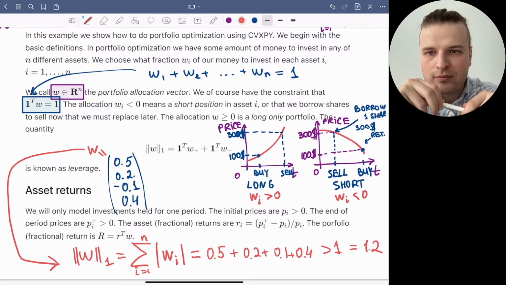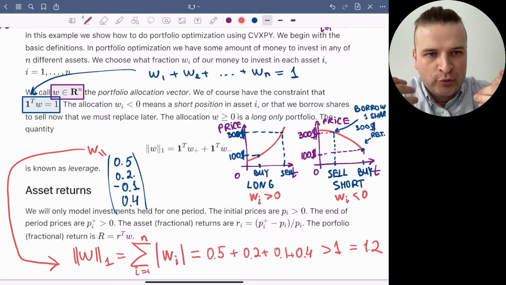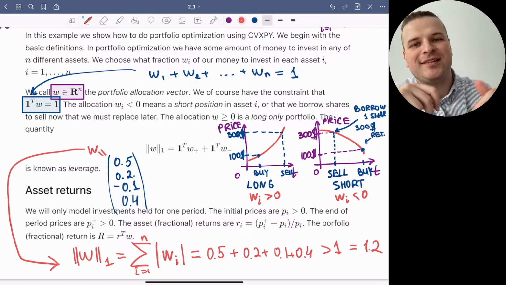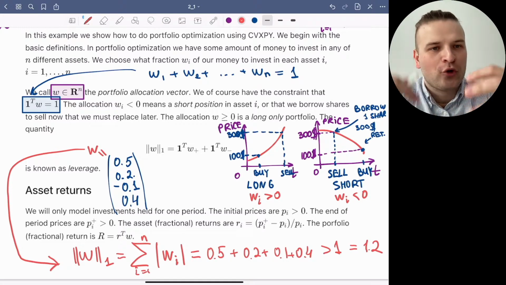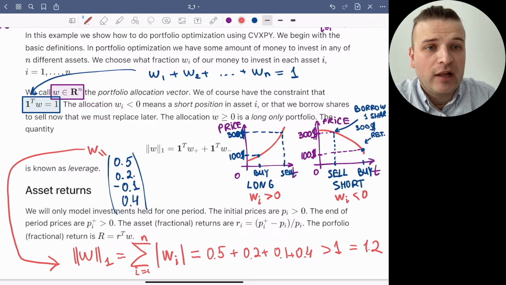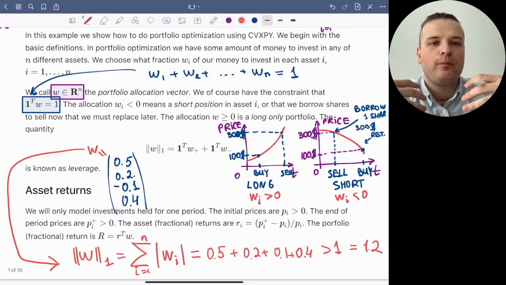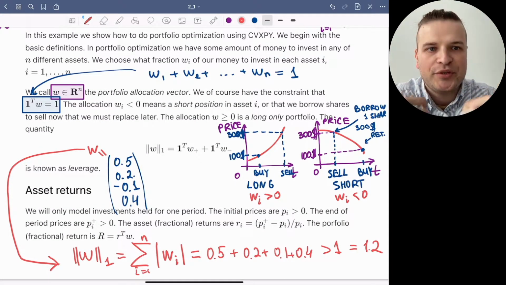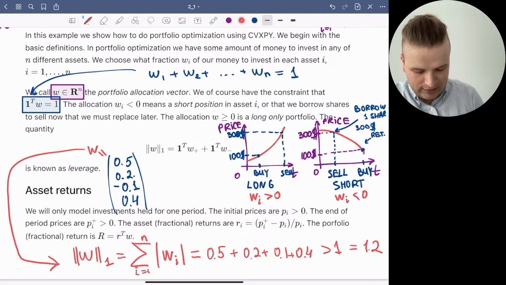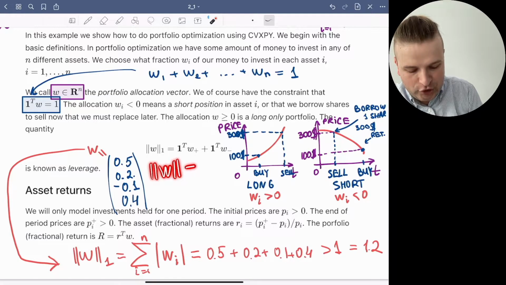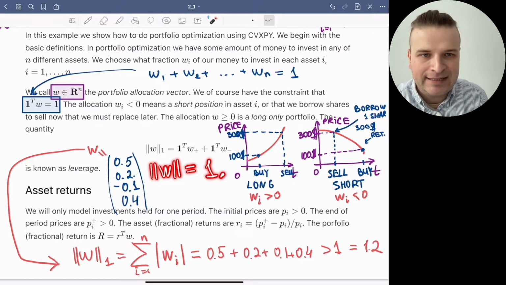And actually, this leverage shows you the amount of money which is borrowed from the broker, because when you have a long only portfolio, for sure the sum of all positive entries will coincide with the sum of their modulus, which means that for a long only portfolio, this leverage will also be strictly equal to 1.